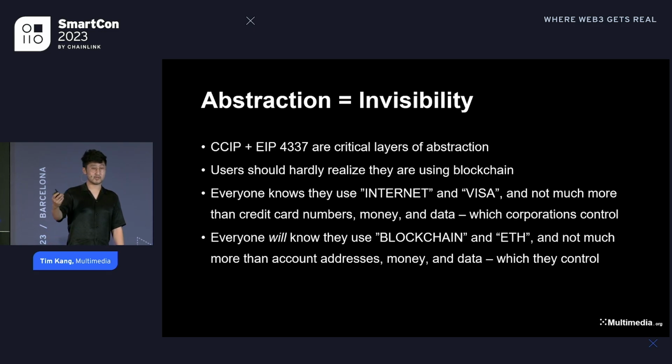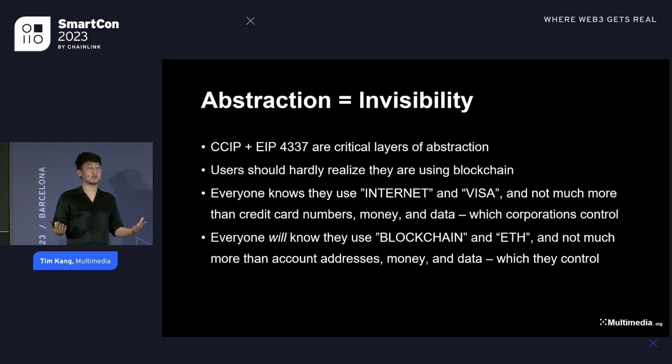So in summary, abstraction creates invisibility. We're all for abstraction. We don't want our users to face all the complications that the people working in this space are trying to build. The goal should be to tuck that all away.